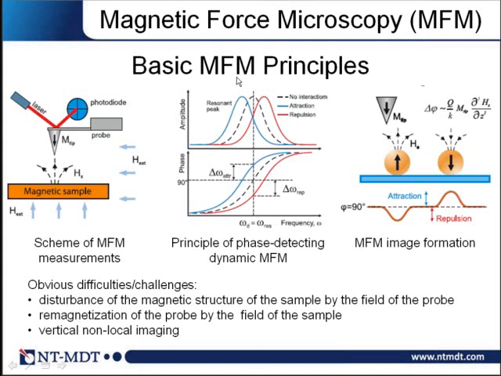Or if you say, okay, if my magnetic field realigns the magnetization of the probe, it's again a well-defined magnetization. So as soon as you know the magnetization of your probe, you can again clearly understand your images. So this is the issue which you take care of, but it can be easily done.